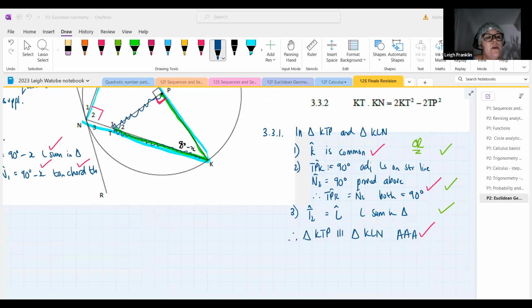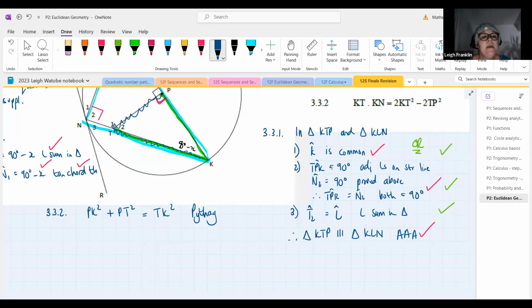So in 3.3.2, let's start off with PK squared plus PT squared is equal to TK squared, because of Pythagoras.